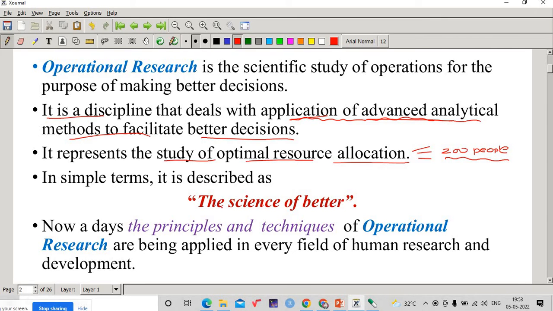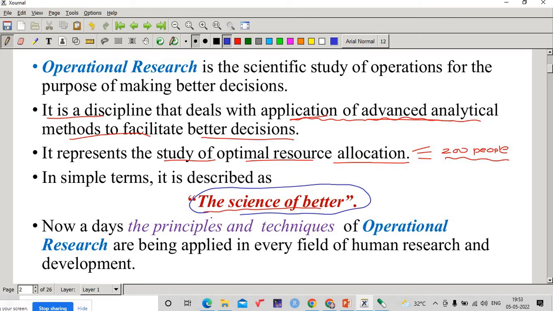In simple terms, it is described as the science of the better. Now, this particular definition I like very much about operation research. It is the science of better. So in every aspect of operation research, in every term of operation research, we are trying to be better every time.